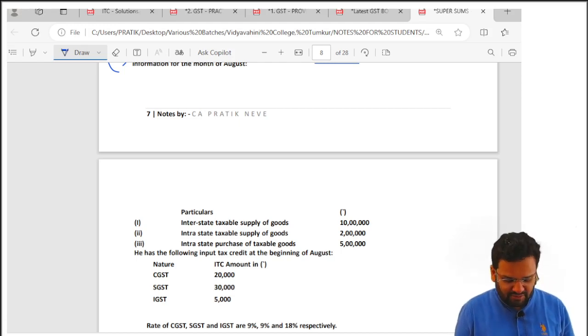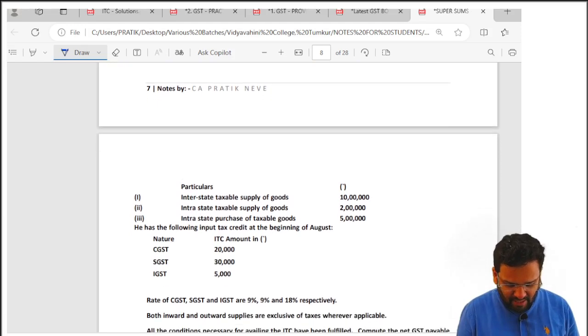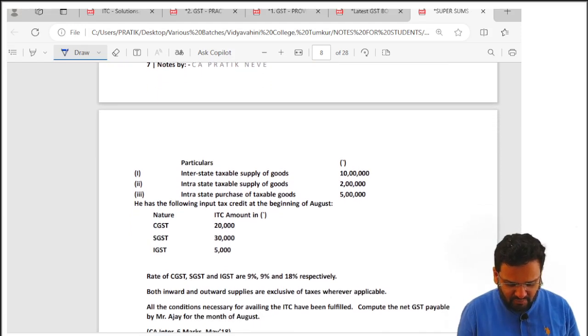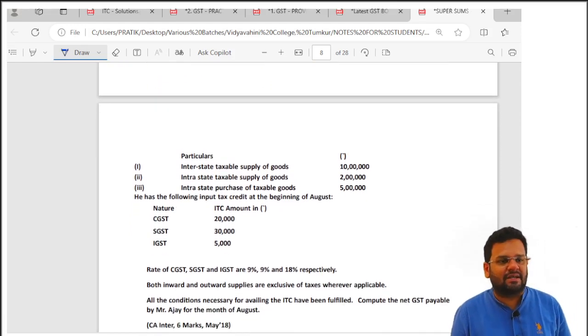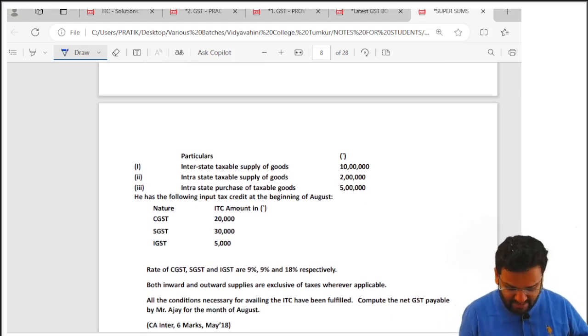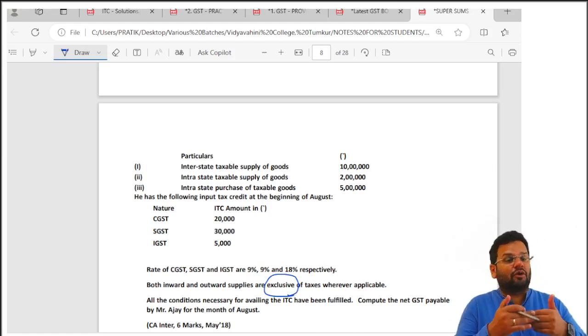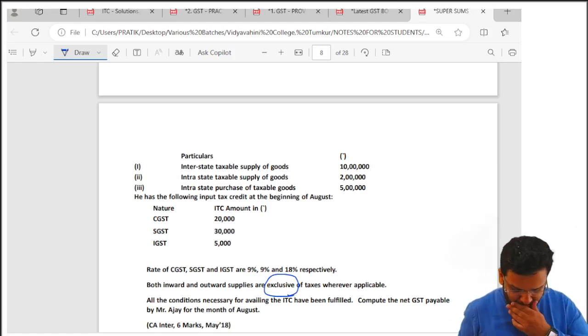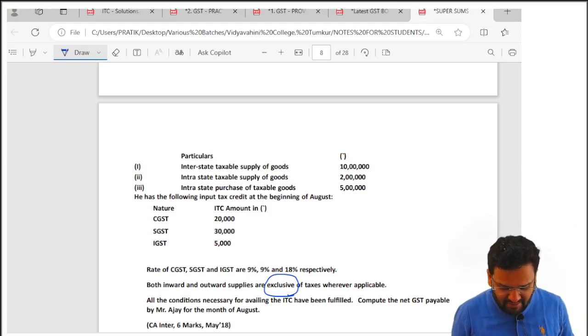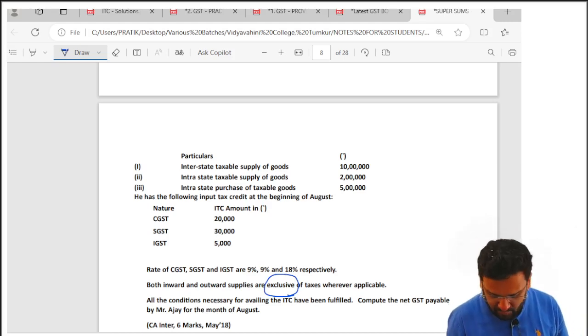There is ITC of CGST, SGST and IGST. Rates of CGST, SGST, IGST are 9, 9 and 18%. Both inward and outward supply are exclusive of taxes. If not given, you will assume that. All the conditions necessary for availing ITC have been fulfilled.